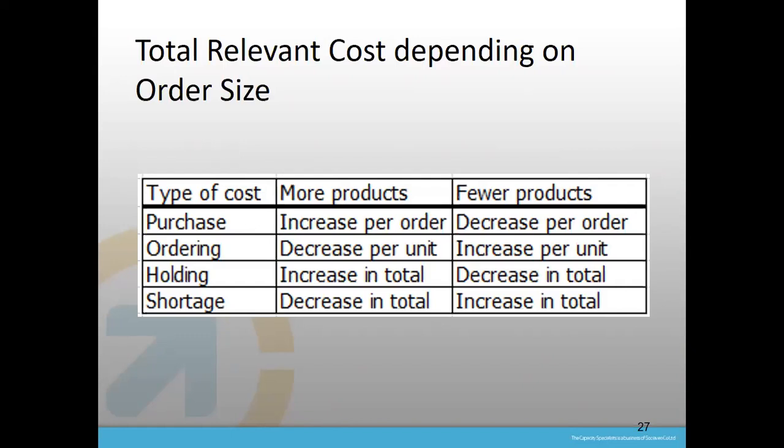Okay, there's a problem. Holding cost: the more I have on hand, the more holding cost I have, storage cost and so forth. But the more I have on hand, the lower the chance that I run out of stock. So here I have a conflict. Some costs increase when I order more, other costs decrease when I order more.